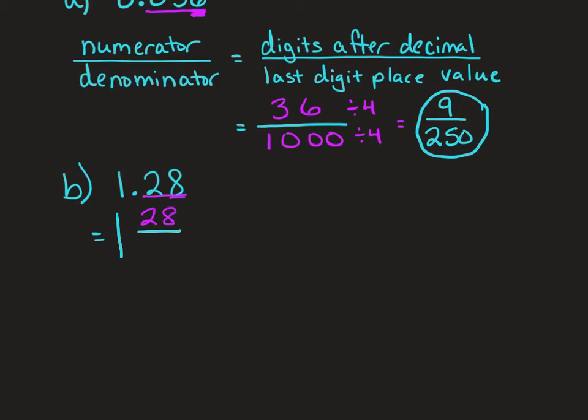And the last digit, 8, was in the hundredths place. So it's 28 over 100. I'm going to reduce 28 over 100. They'll both divide by 4. So I get 1 and 7/25.